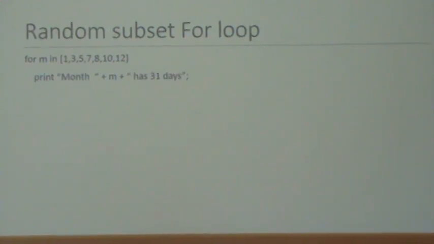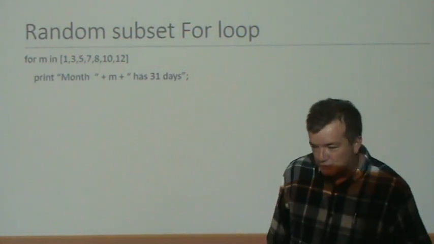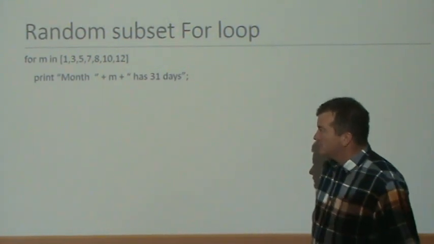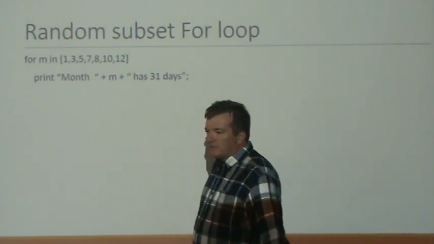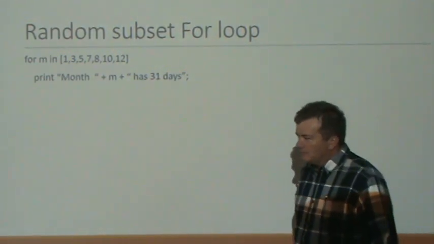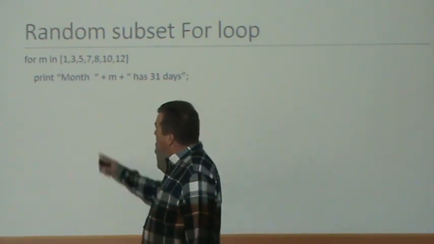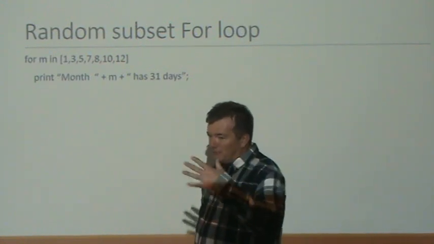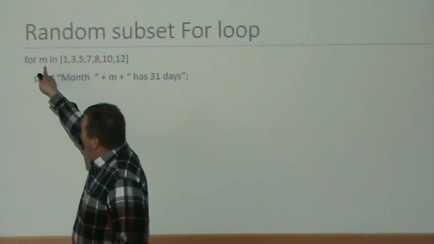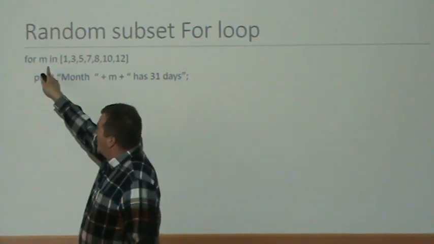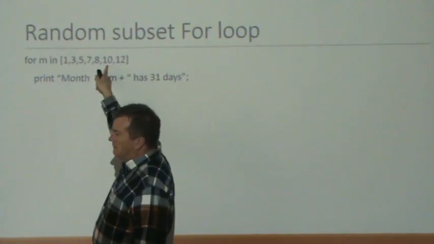Okay. This is another thing that's very cool. You can just make a random set of numbers. Suppose you wanted to print out a list of all the months that have 31 days in them, and you know them in your head. You would just print them out in a for loop with some long message. So you could say for m, first letter of the word month, for m in 1, 3, 5, 7, 8, 10, and 12.